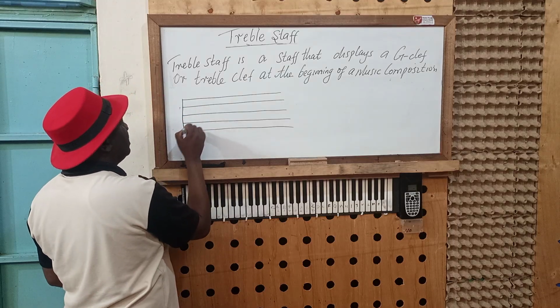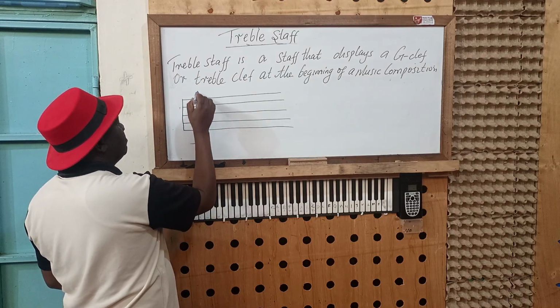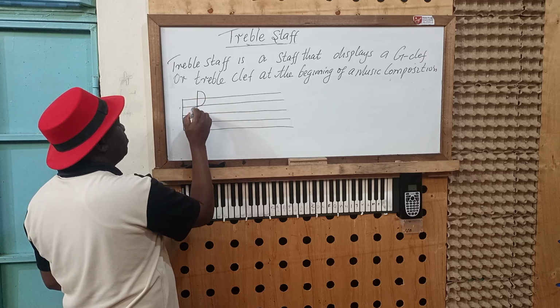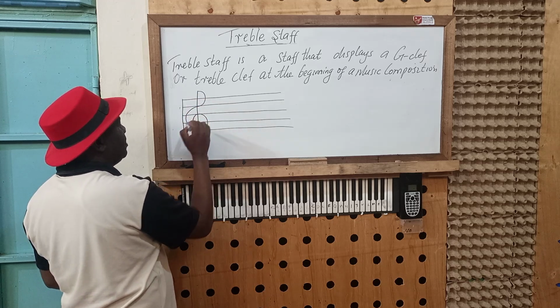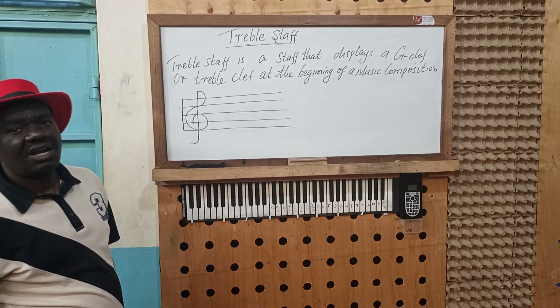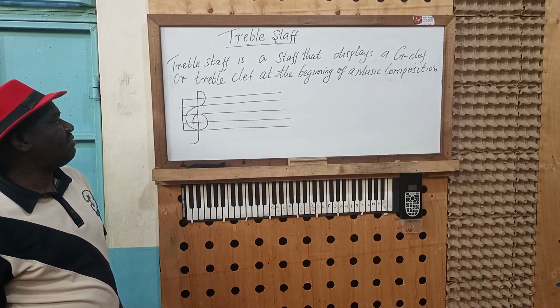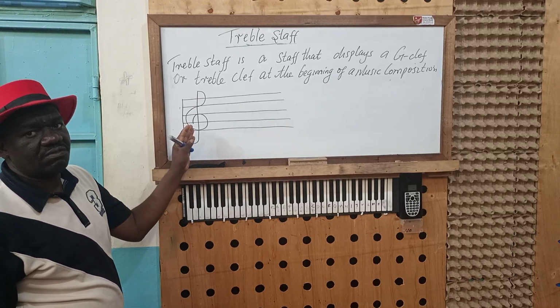You draw a staff like that, and the P and C and the 3rd line, 2nd line, you stop. This is what we call a treble staff, just a staff displaying the G clef or treble clef.